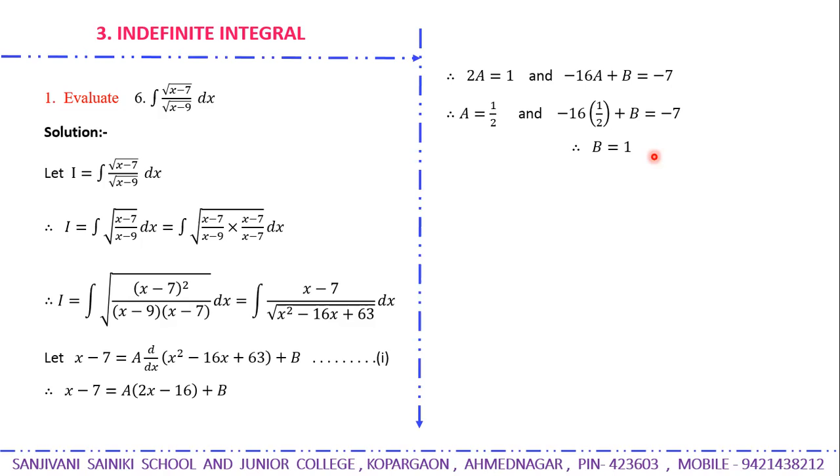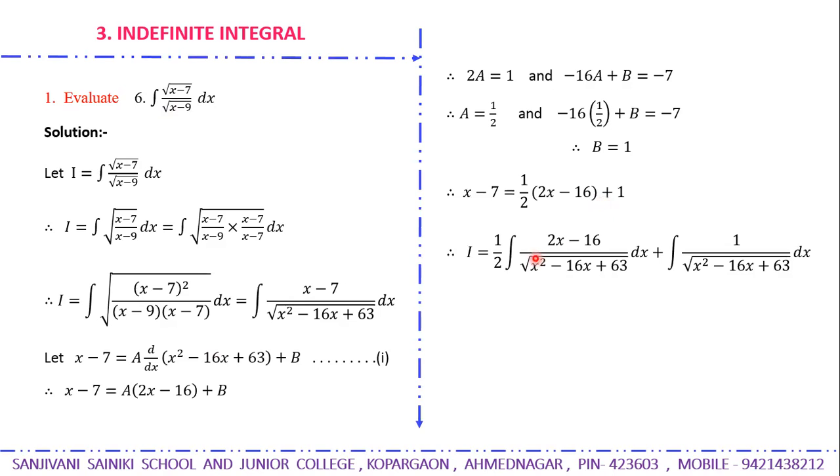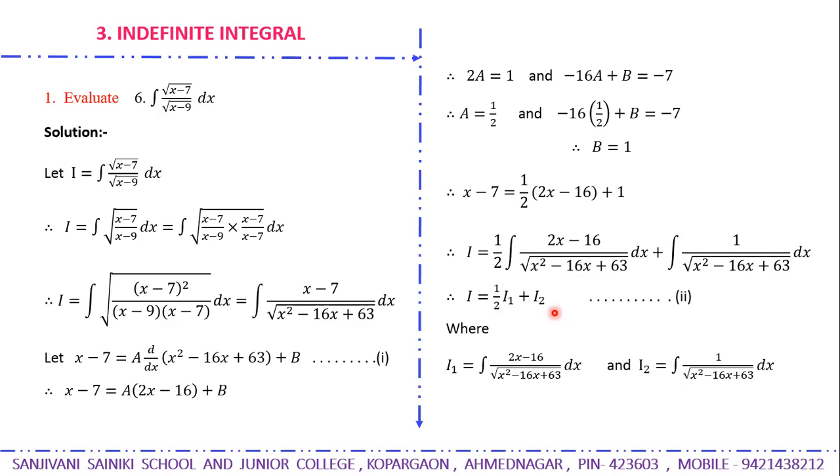We will get x - 7 as 1/2 times (2x - 16) plus 1. So our integral becomes the sum of two integrals: this is I1 and this is our I2. So 1/2 times I1 plus I2, where I1 is the first integral and I2 is the second integral.